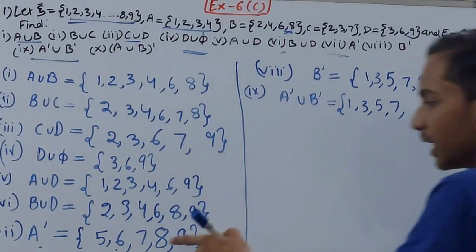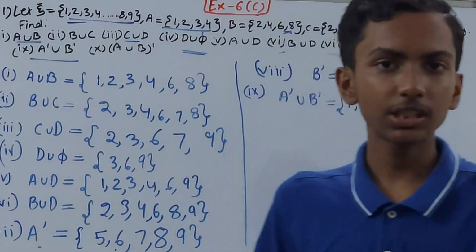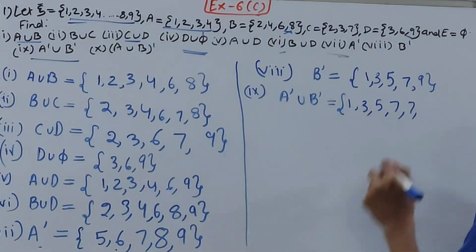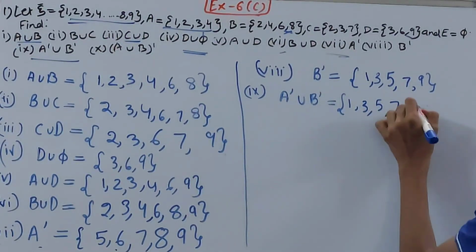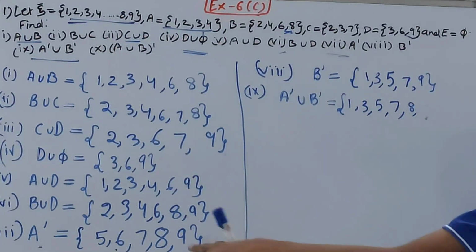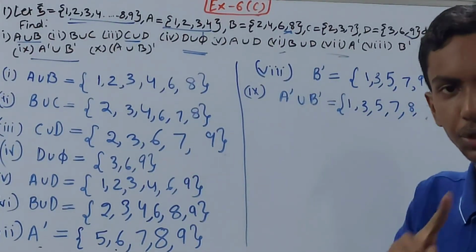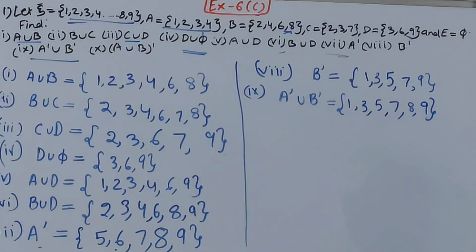Same way 7 is in A complement and B complement both, so we will not repeat it, just write it once. Now 8 is also in A complement, so it will also come. And then 9, again it is in both A complement and B complement, just write it down once. That is the value: 1, 3, 5, 7, 8 and 9.